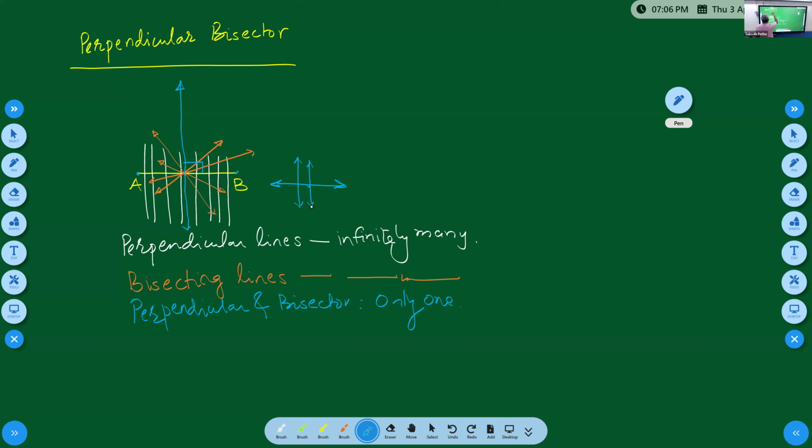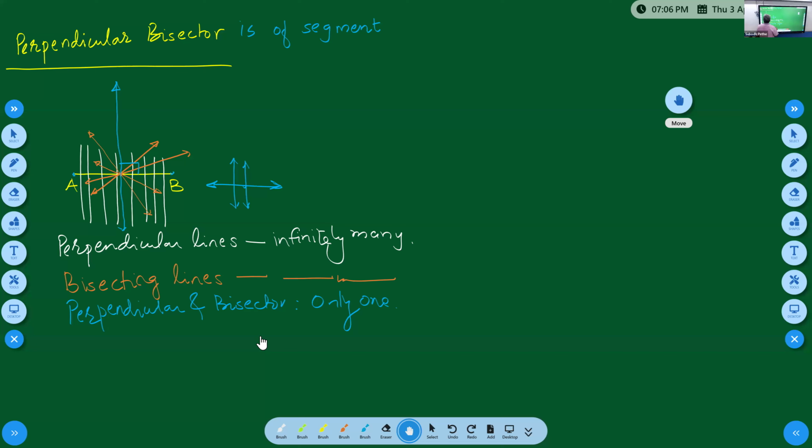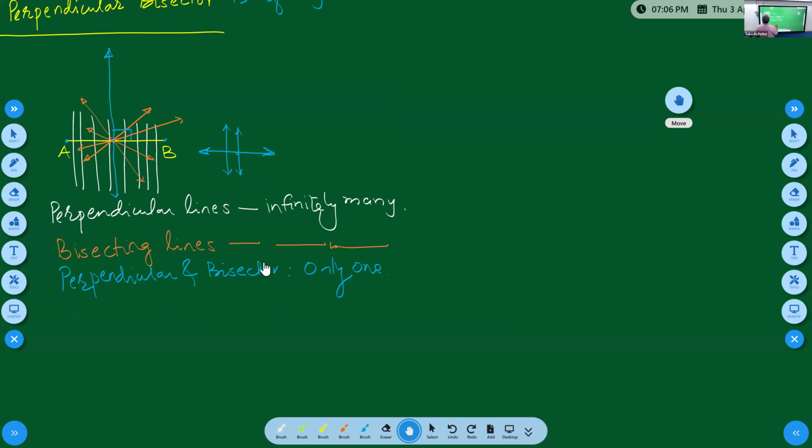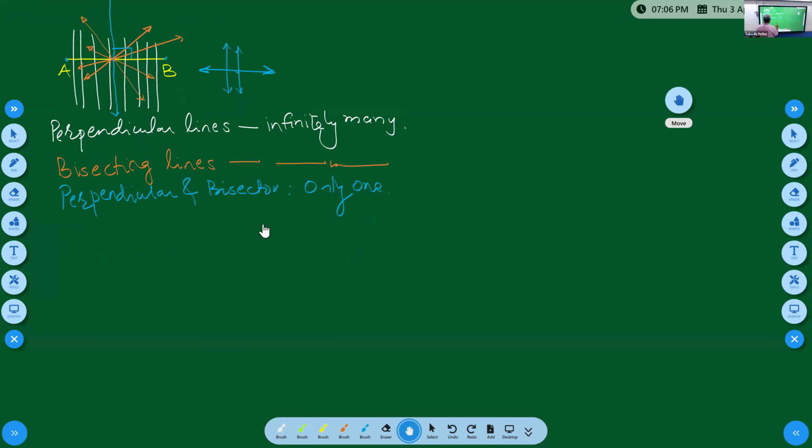So perpendicular bisector is of a segment, not of a ray or the line. Understood? So if I say a point is on perpendicular bisector, I mean that there is a line which is perpendicular bisector of a segment, and the point is on that line.